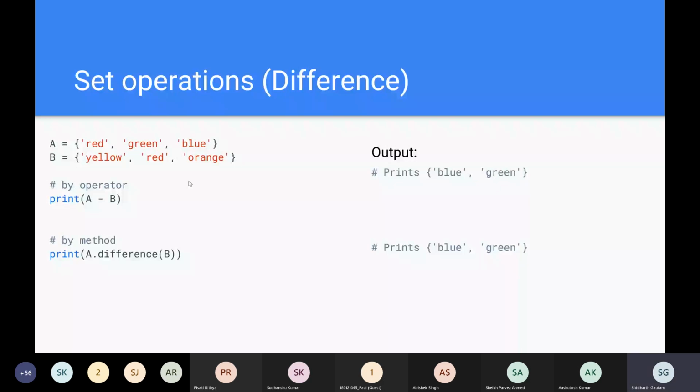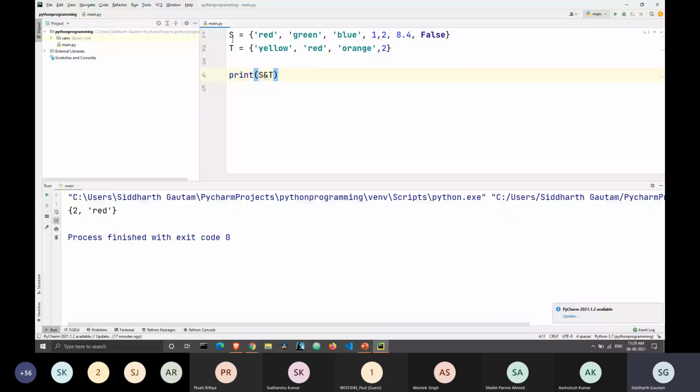So let's take a look at how this works. I have my two sets here, which are S and T, right? So I will print S minus T, and when I print this, my output is False, 1, 8.4, blue, and green. So from my set S, what all has been removed?